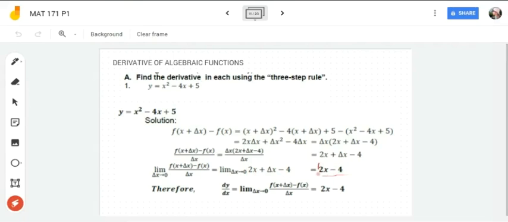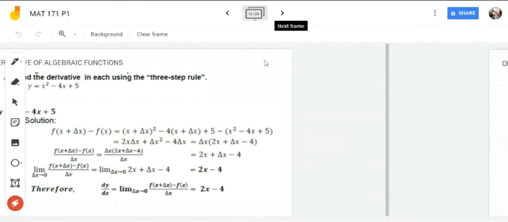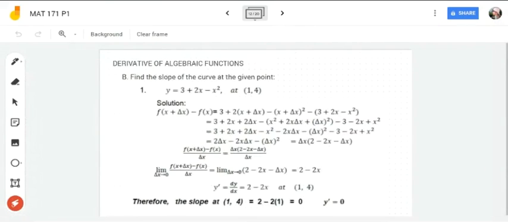Therefore, this will be your final answer. And then the derivative of your function, which is equal to the limit of the function of x plus delta x minus the function of x over delta x as delta x approaches 0, is equal to 2x minus 4.